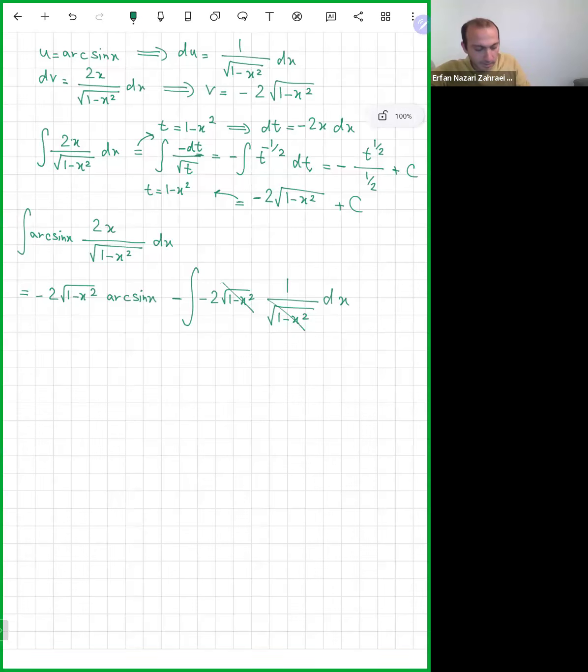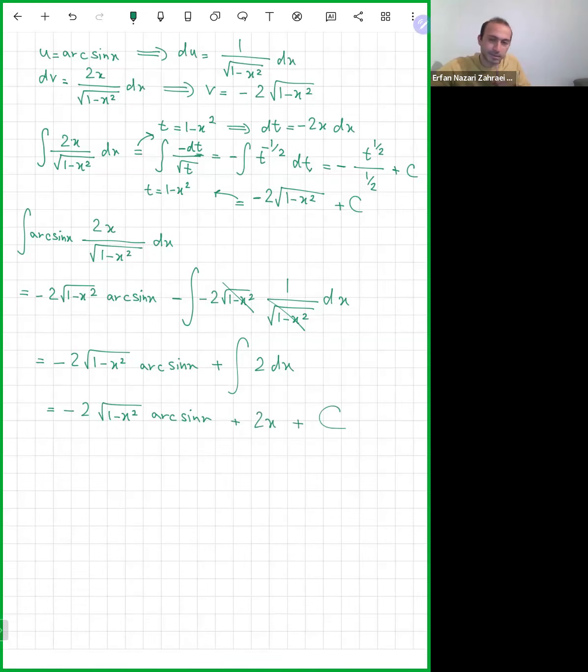This and this cancel. And this minus sign and minus sign also cancel. So you get positive, minus minus, it's positive. Integral just 2. Antiderivative of 2 is 2x. Plus a constant.